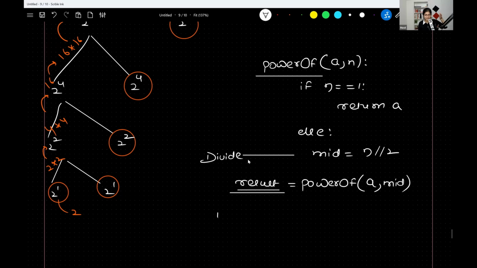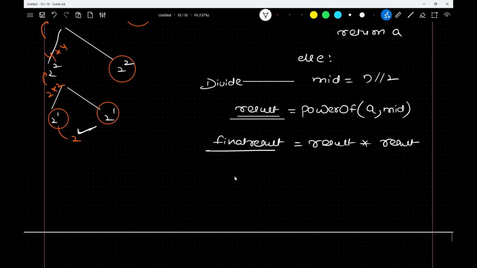Initially my result will store this value of 2. When I'm going back, my final result will be whatever value the result is storing, for example 2, multiplied by the same result to get my final result. Can I say that, everyone? Yes. This is my final result, not this one. This is my final result. I'm doing this to avoid the recomputation on the right side.